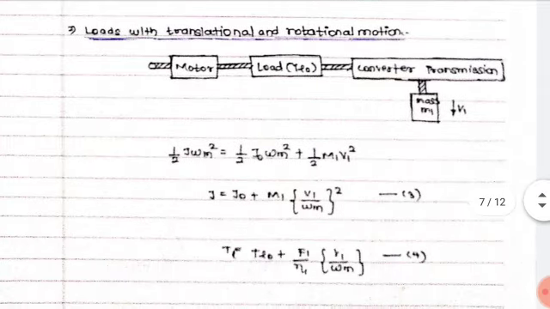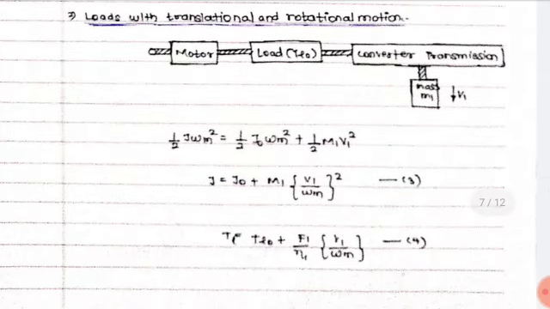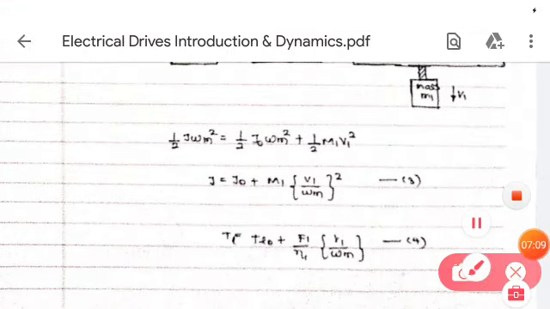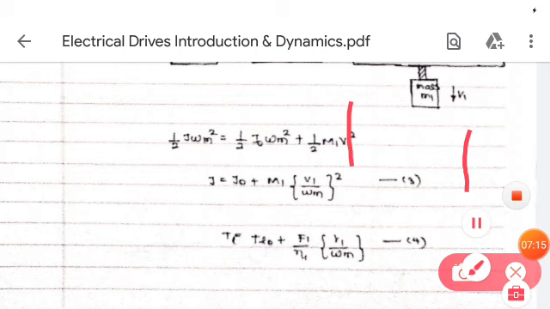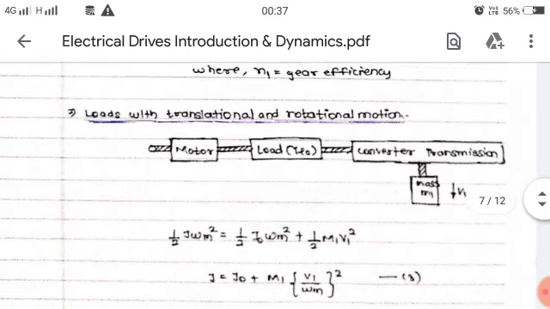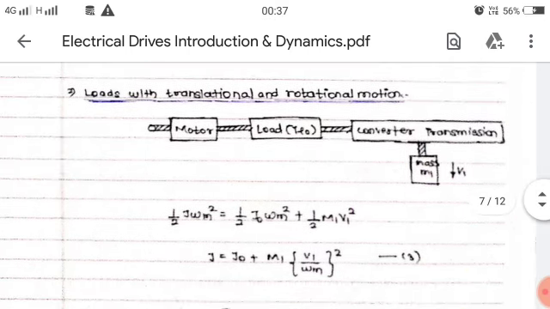Similarly, now there are loads with translational motion. So there could be a load with translational motion.